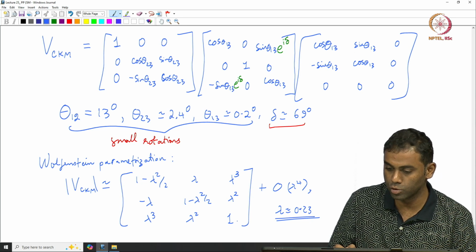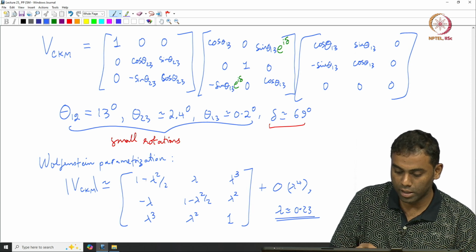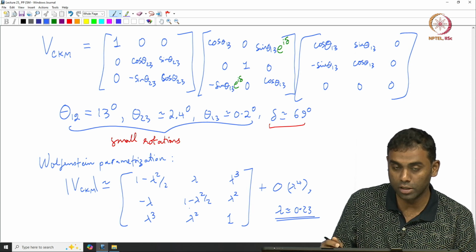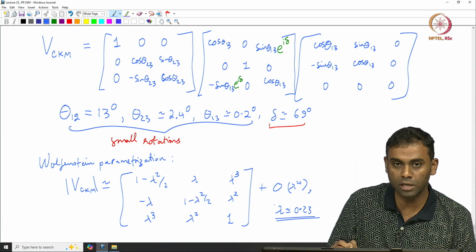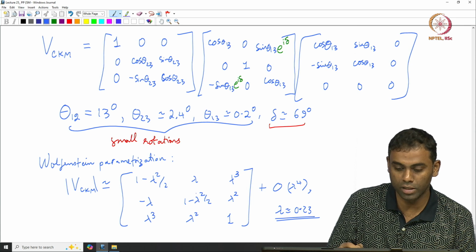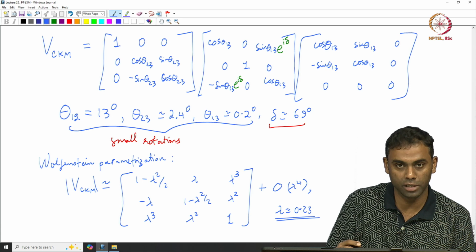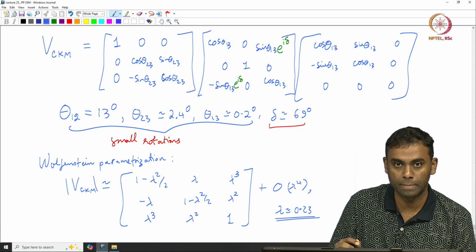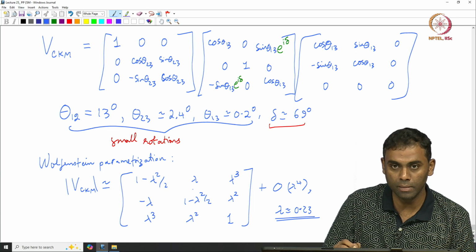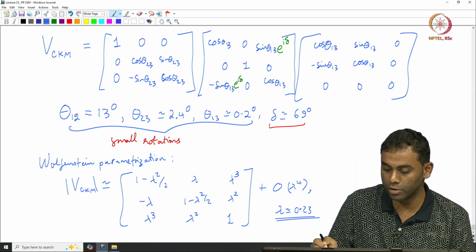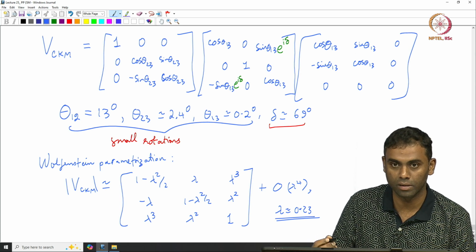The VTB is so close to 1 that we just write it as 1, but the others are not that bad either, the diagonal elements are almost 1. So, that shows you that there is not too much mixing going on among the flavors, and the off diagonal elements are of order lambda, that again tells you there is not too much mixing going on because lambda is much smaller than 1. So, it is an order of magnitude smaller, factor of 5 smaller.